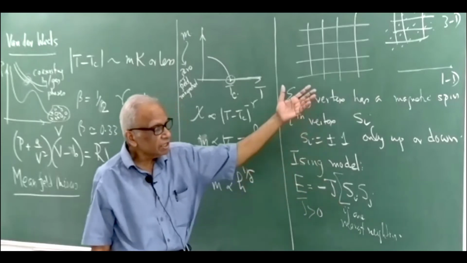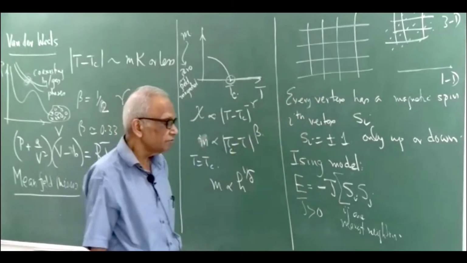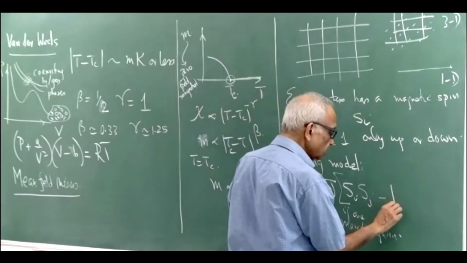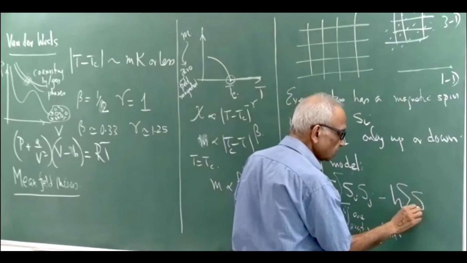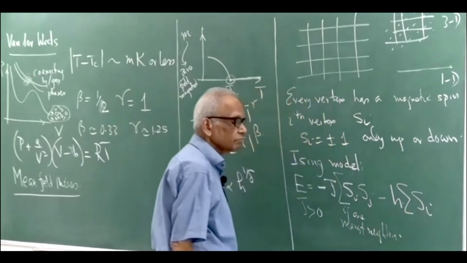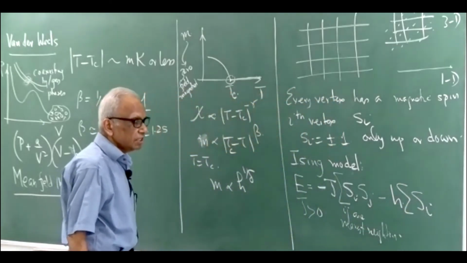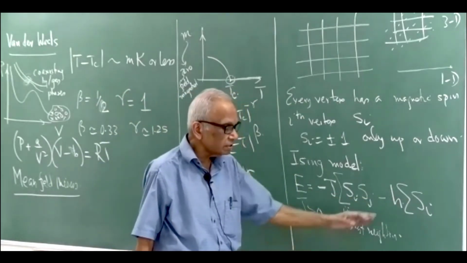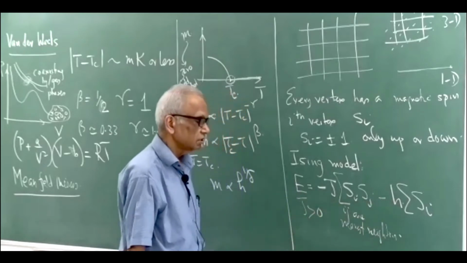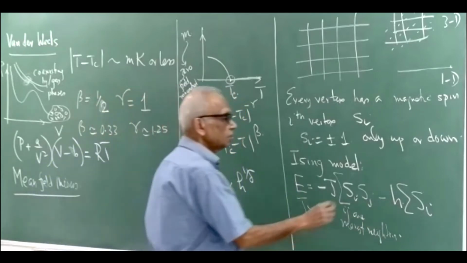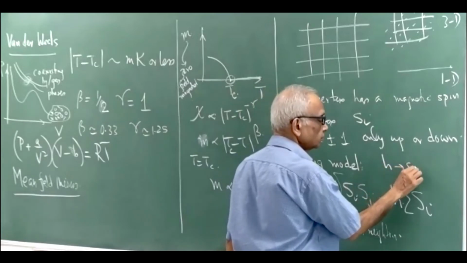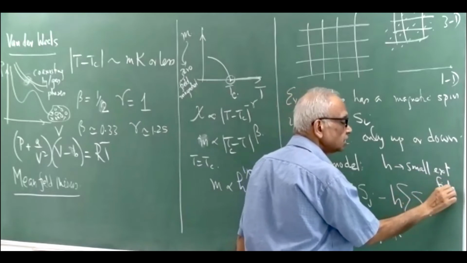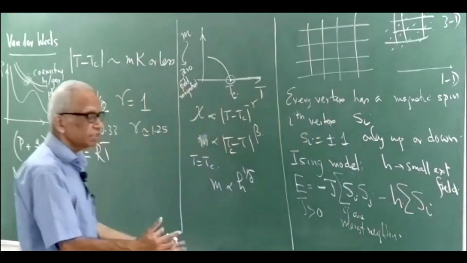If I have a small external field applied to the system, with H the strength of the field, then the energy coming from the external part is minus H S_i. So H is a small external field. That is necessary because I would be interested in probing things like susceptibility.